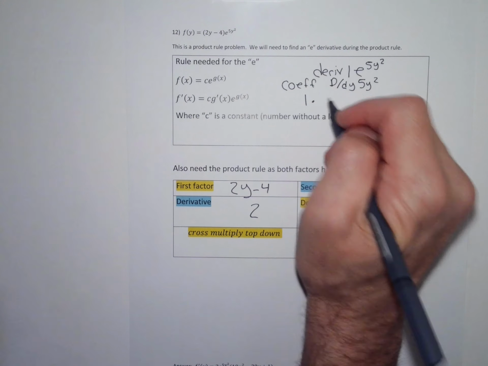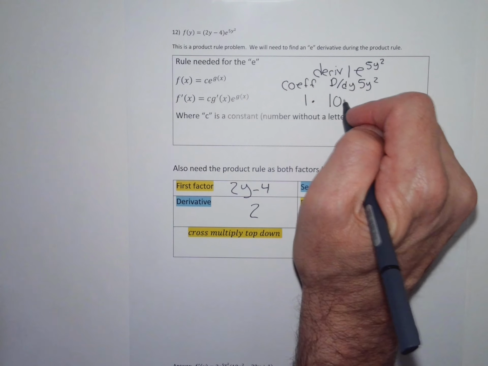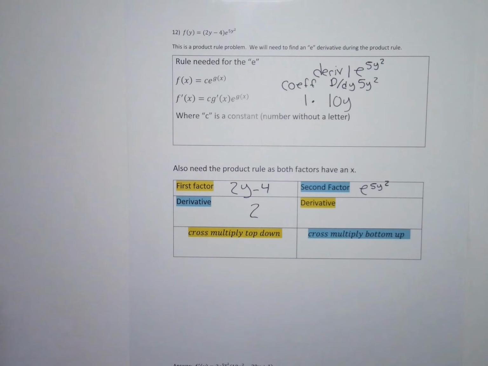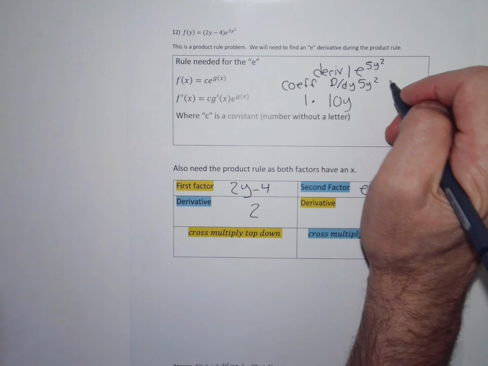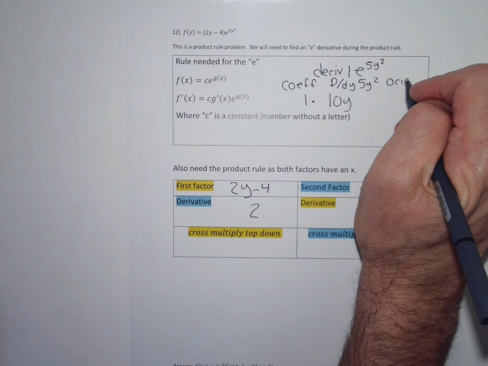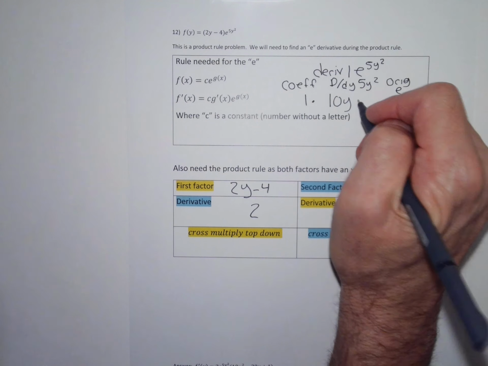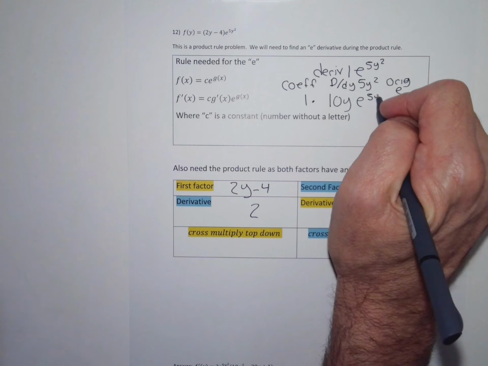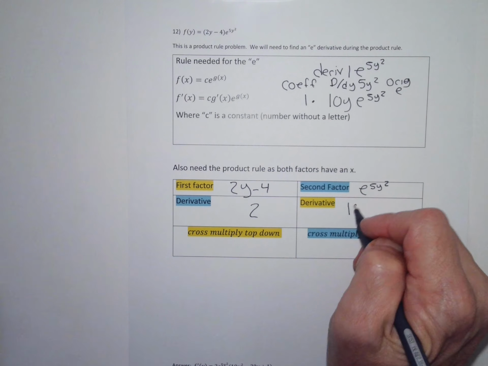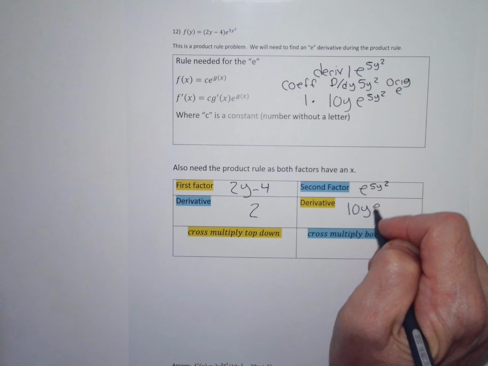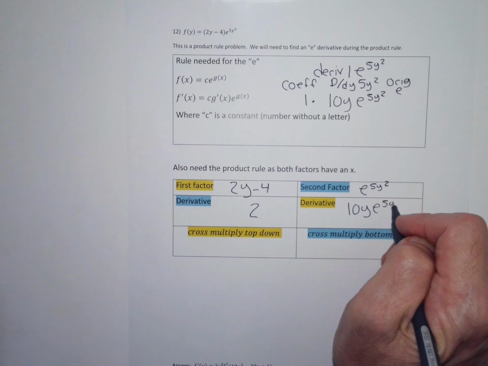The derivative of 5y squared is just 10y. Multiply the 2 times the 5 and lower the exponent by 1, and then times the original e function, which is e to the 5y squared. So this derivative is going to be 1 times 10y, or 10y, times e to the 5y squared.